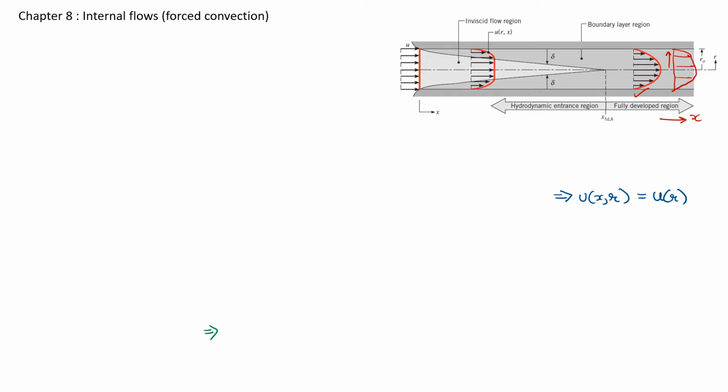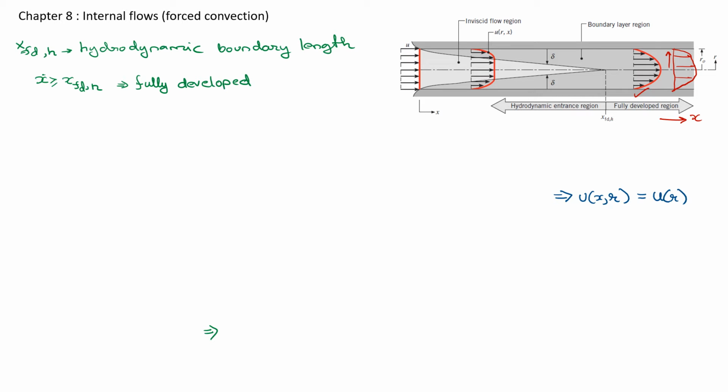So what we've seen is that for your hydrodynamic entry length, which is denoted by x_fd,h, when your x is greater than this value, the flow is called the fully developed flow.